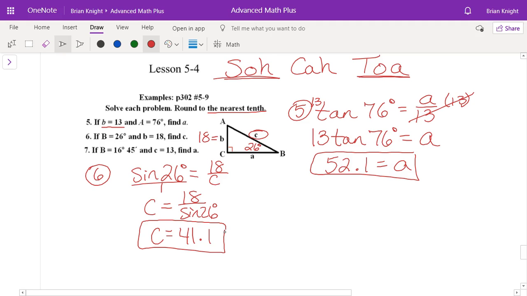All right, last one. Number 7. Make sure you know how to use your calculator correctly. Angle B is 16 degrees, 45 minutes. Side C, or the hypotenuse, is 13, and I'm looking for side A. So, side A is what to that angle?